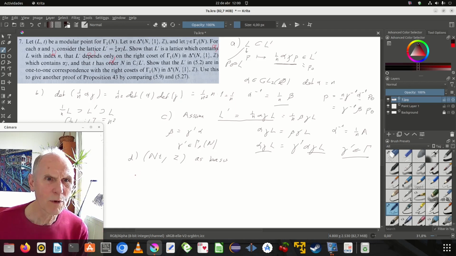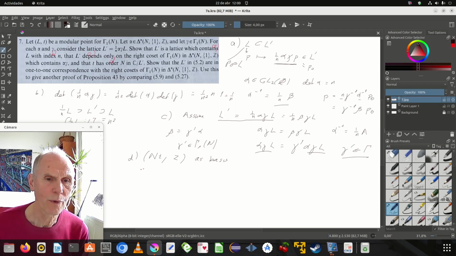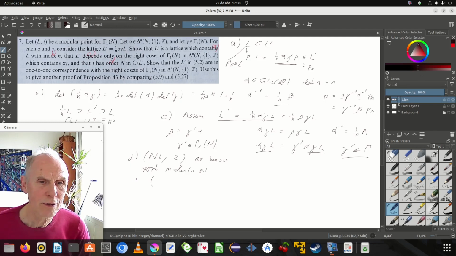And then we will find what nt is mapped to. Oh, but we can work modulo n. It's 1 divided by n alpha.